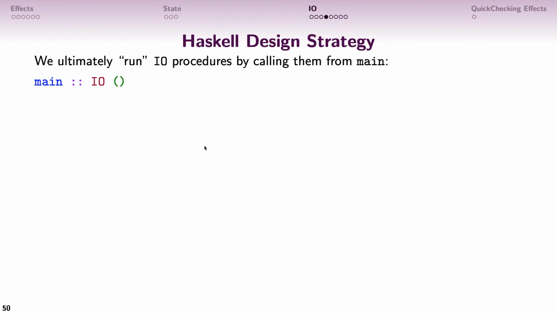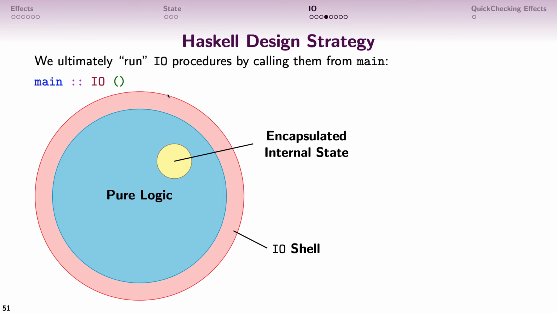Okay, so ultimately, the only way to actually run an IO procedure is not to evaluate it. That's a different thing entirely. When we do our equational reasoning, no effects are happening. It's when we return an IO procedure, a composed IO procedure, and assign it to main. Main is the only IO procedure that gets executed.